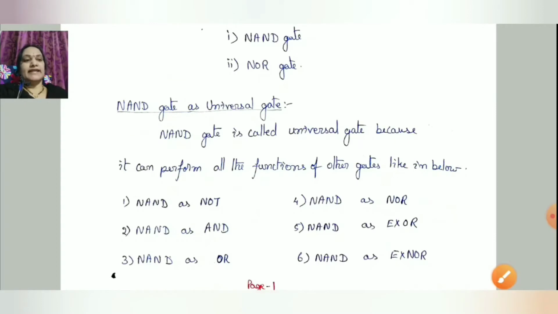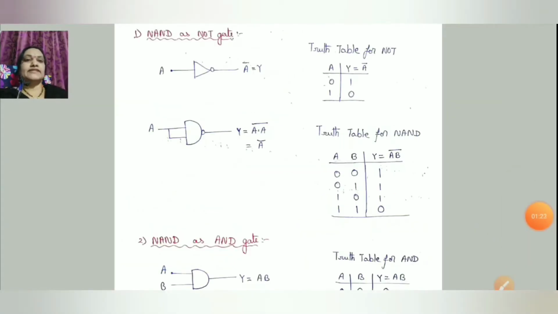Now let me explain NAND as NOT, as AND, OR, NOR, XOR, XNOR one by one. Now let me explain how NAND gate can be used as NOT gate.